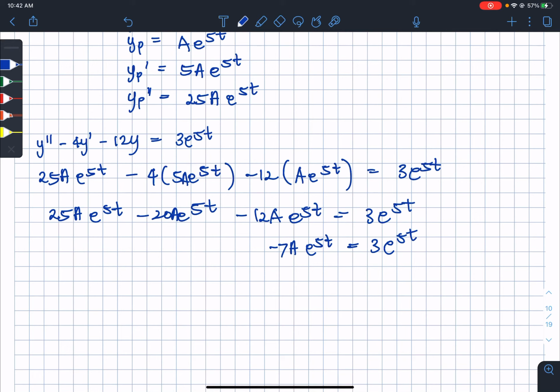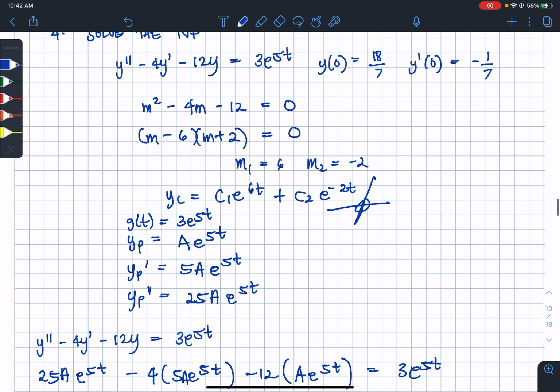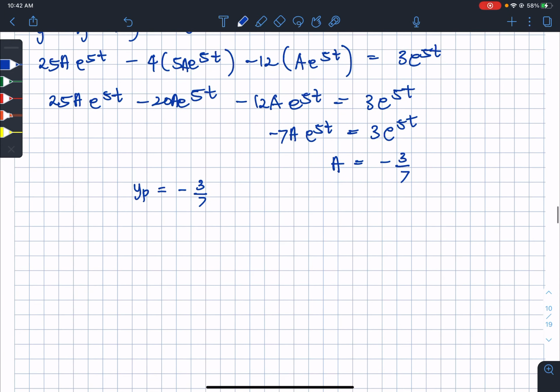So, equate mo na yun, no? Kasi cancel out naman yung e raised to 5t. So, we can get here that a is equal to negative 3 over 7. So, therefore, our y of p is equal to negative 3 over 7 e raised to 5t.